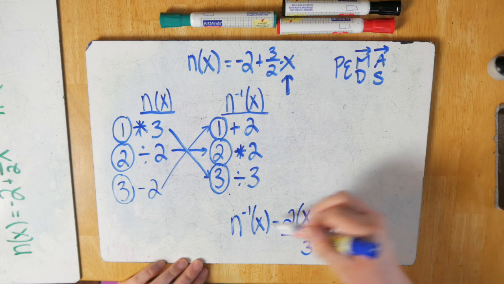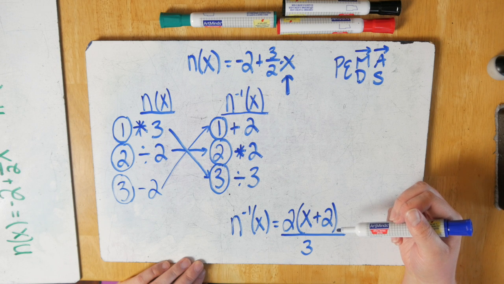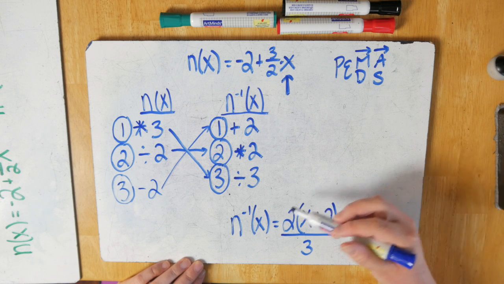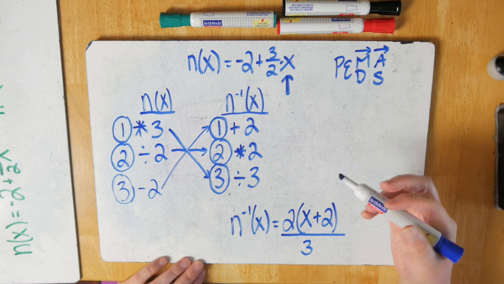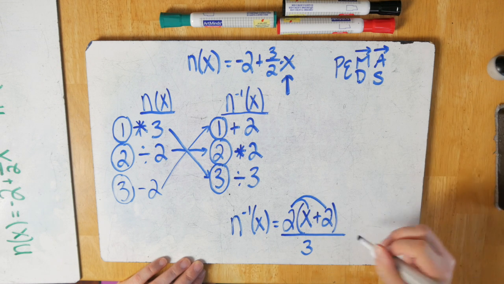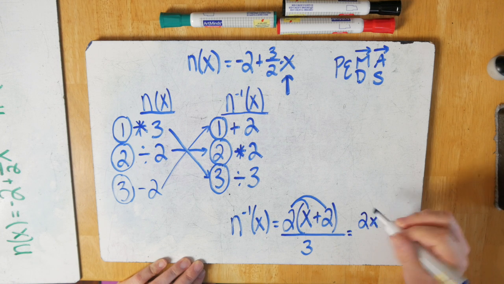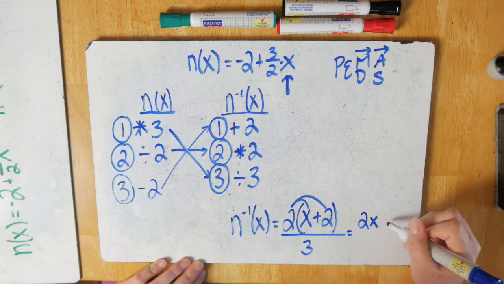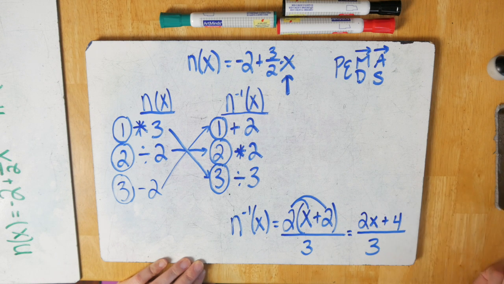The only thing that we might do to simplify this a little bit, because I kind of doubt you would see it like this in say a multiple choice question, is distribute the 2 through the parentheses, which would get us 2 times x is 2x, plus 2 times 2 is 4, and then that all is still being divided by 3.